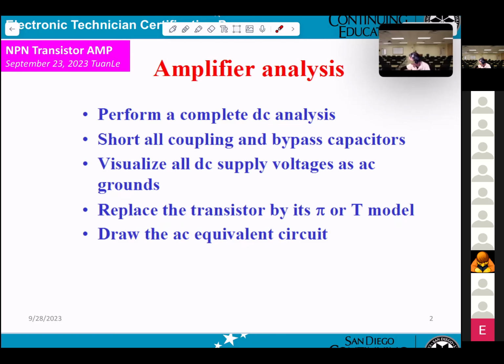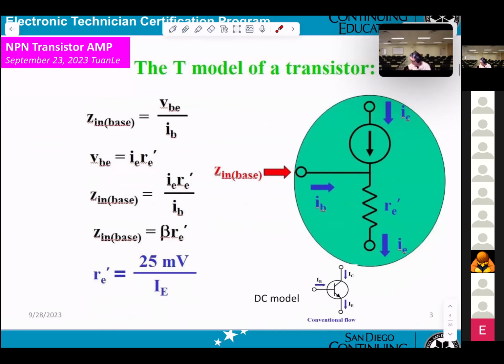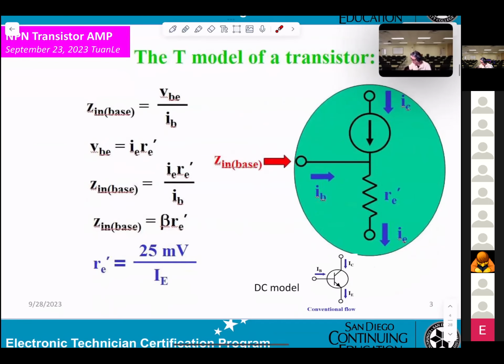Now, in here you can see this is the capacitor we already did for DC. However, for AC, now the capacitor will look like a short.